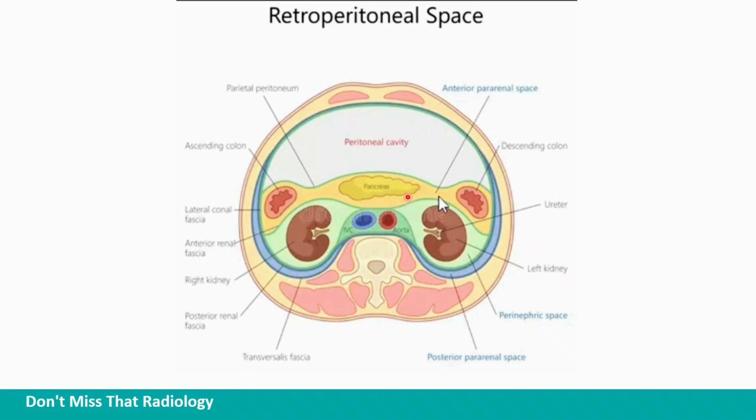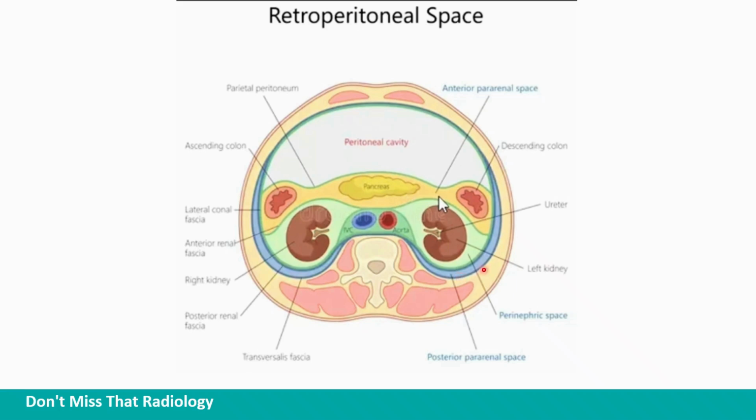So we talked about the lesser sac between the stomach and the pancreas. So we have our peritoneum here, but then we're going to have the retroperitoneum, and we have 3 spaces. We have the anterior perirenal space, which will include the pancreas, portions of the duodenum, and the ascending and descending colon. We will have the perirenal space, which will include the kidneys and the adrenal glands.